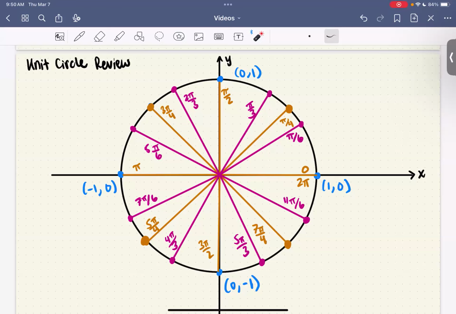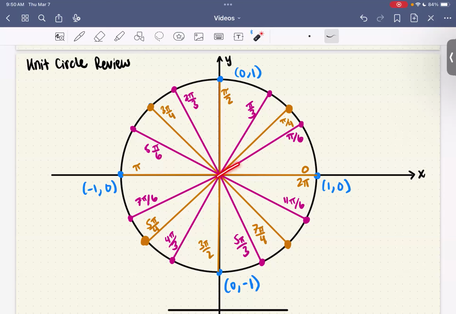Okay, now that's the angles. Now we want to think about this idea of sine and cosine in this circle. So where do those come up? You might remember sine and cosine from geometry.